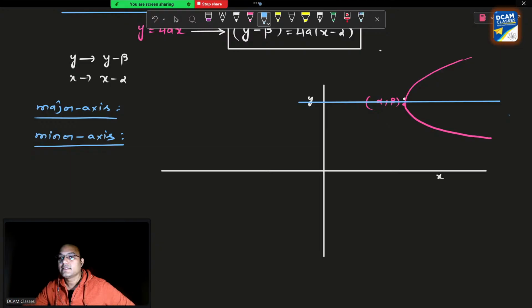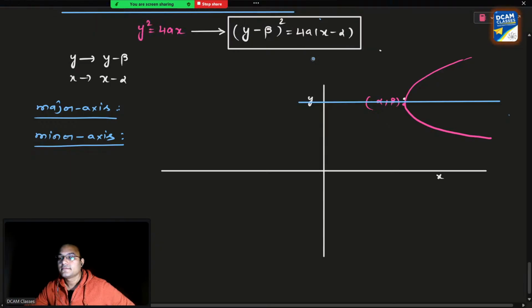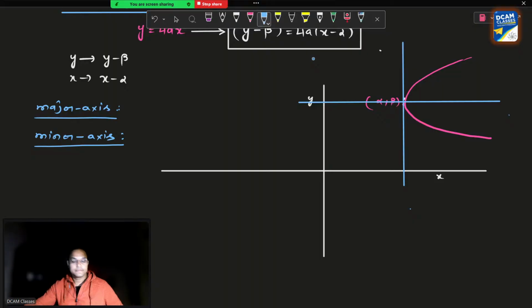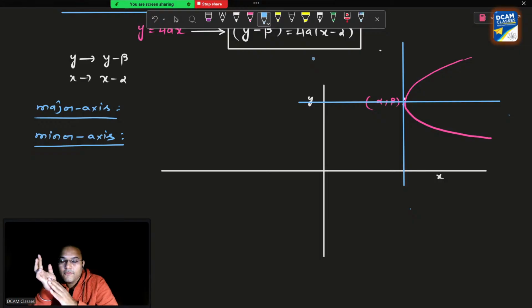And the minor axis will be the one passing through the vertex parallel to the y-axis. Now tell me the equation of the major axis and minor axis. y is equal to alpha and x is equal to beta.